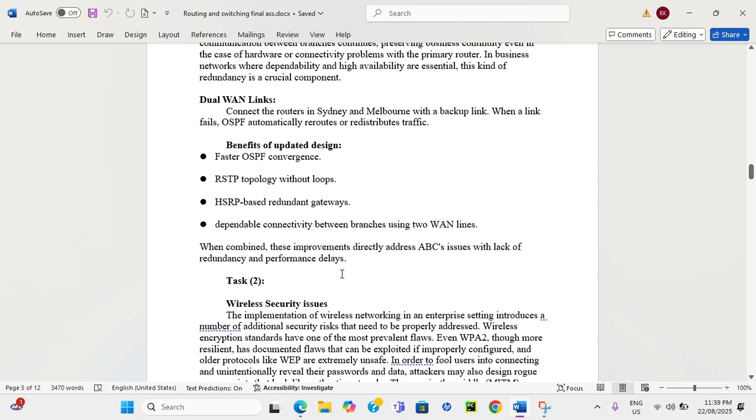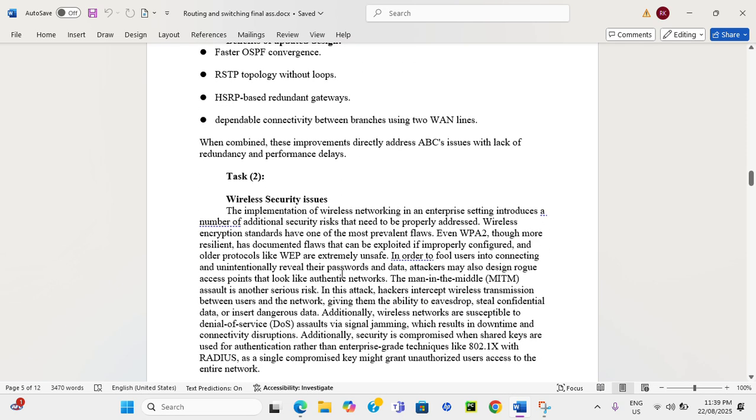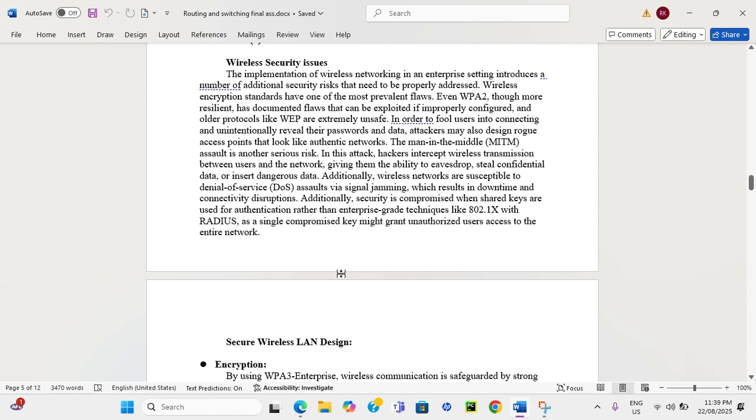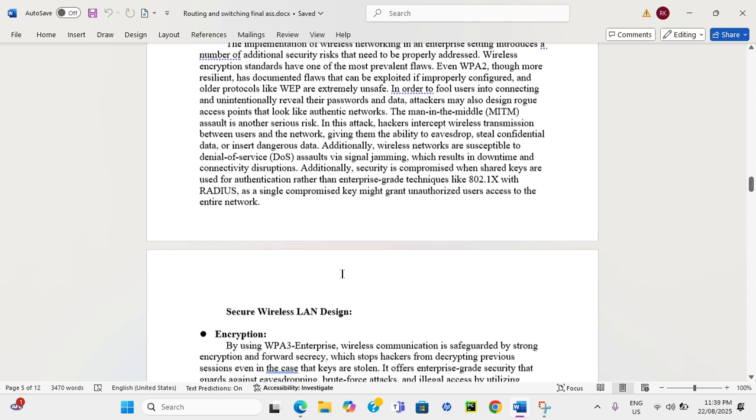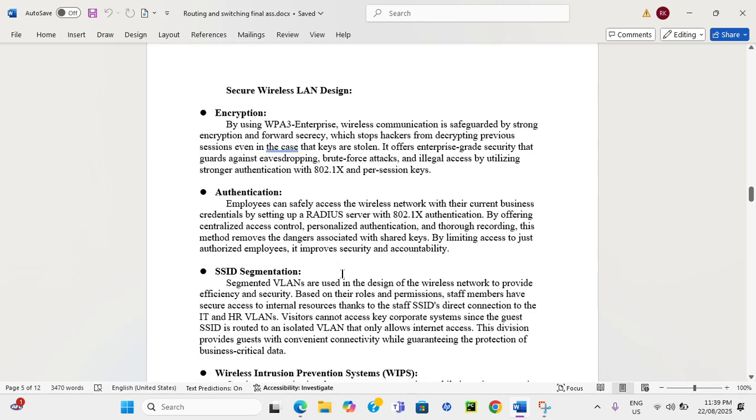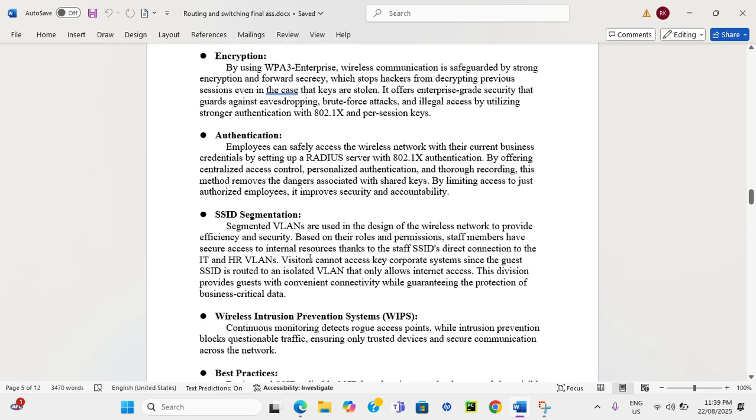ABC also needed wireless networking. For that, I have designed a secure WLAN with two SSIDs.